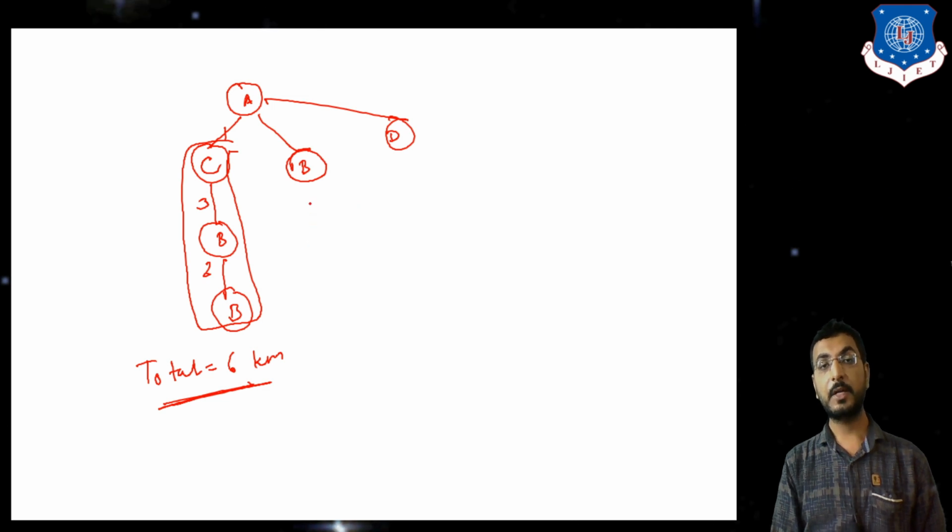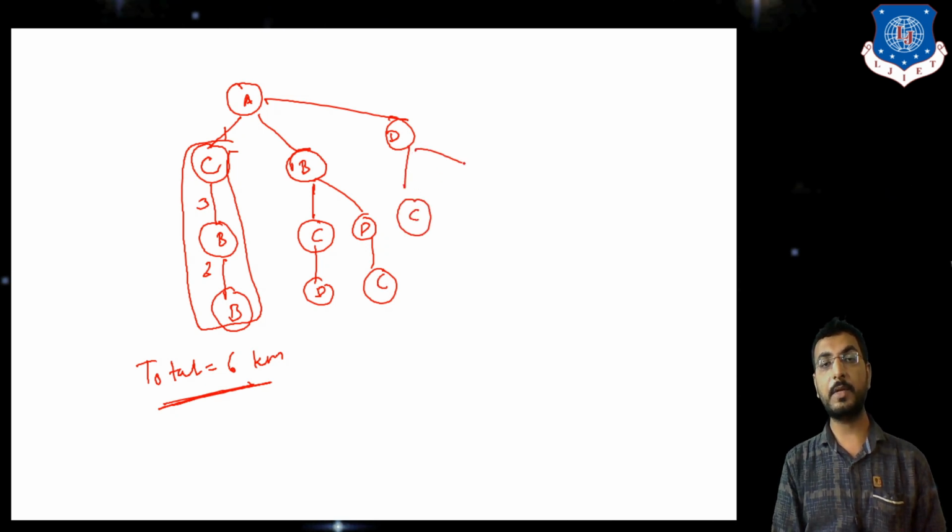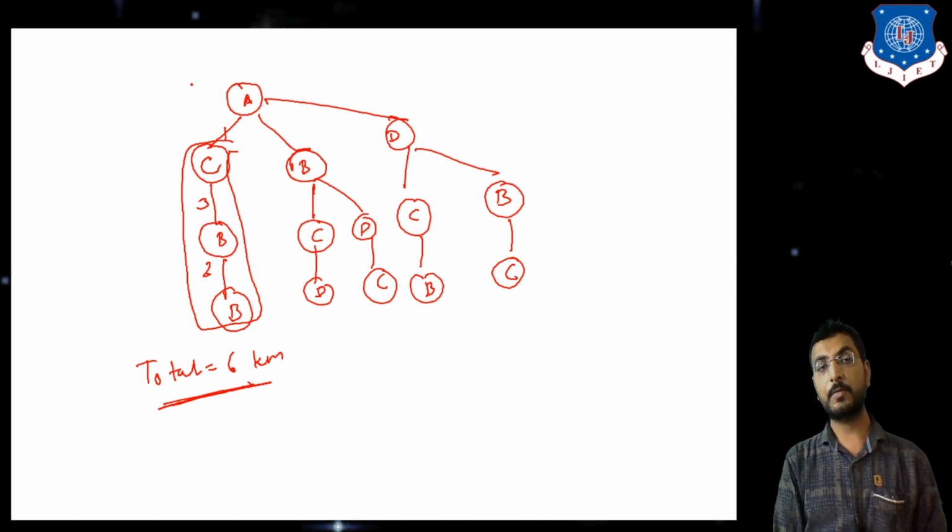Because from B it is going to say C can be there, D can be there. From C it can be D, from D it can be C. From node B it can also have node C, from D it can also have node B. From C it will traverse B, from B it will traverse C. So see, from this node A it has traversed all possible paths.